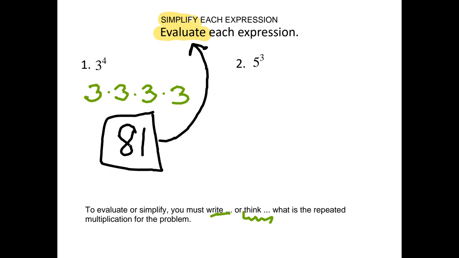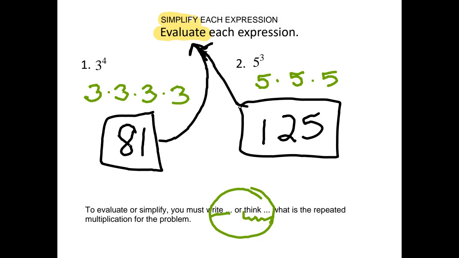Okay. Now the same thing happens with 2, except this time it's 5 times 5 times 5. You have to write or think what this exponent 5 with the superscript of 3 means. It means you're multiplying, repeated multiplication, which is 5 times 5, which is 25, that's the second 5, times 5 is 125. This is my evaluated or simplified answer.